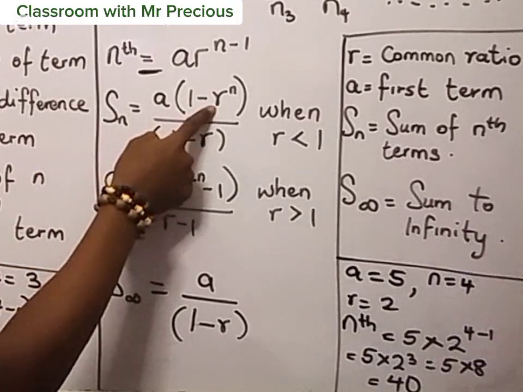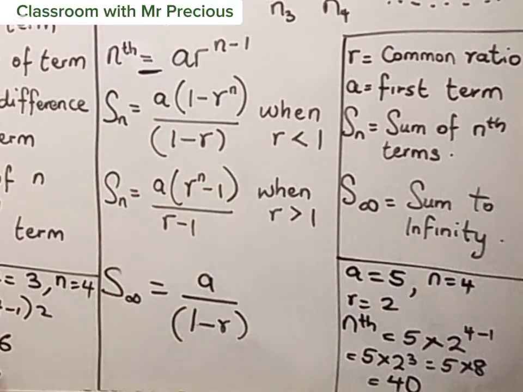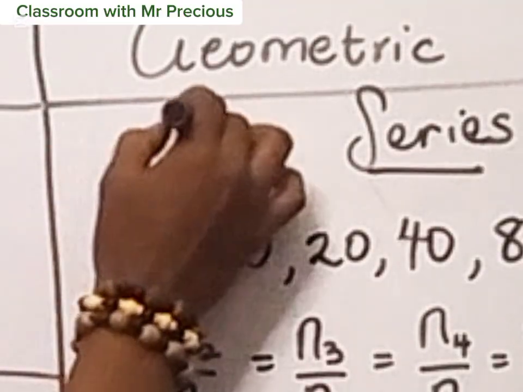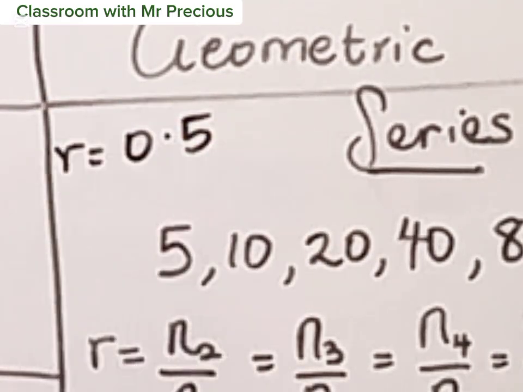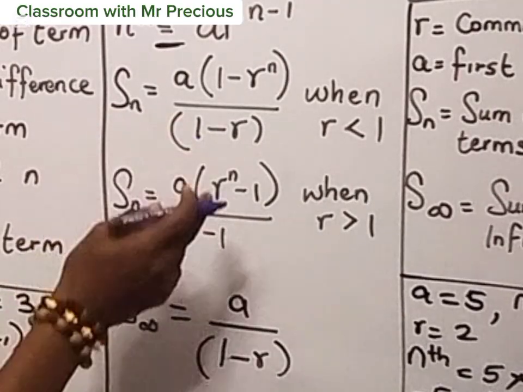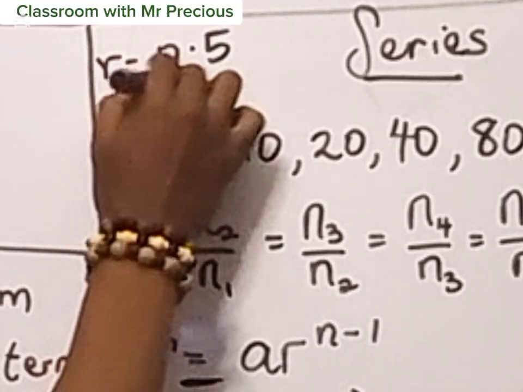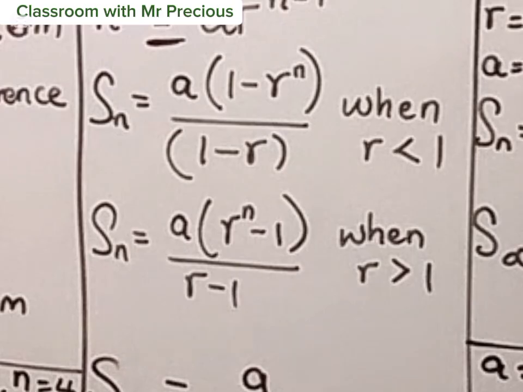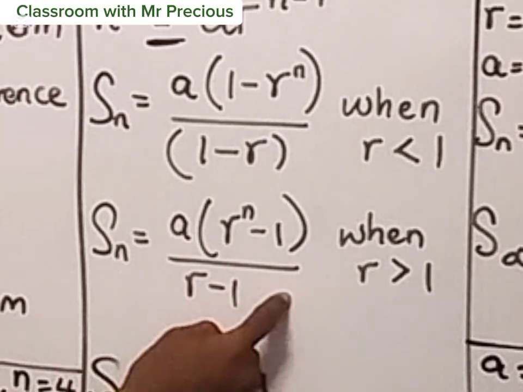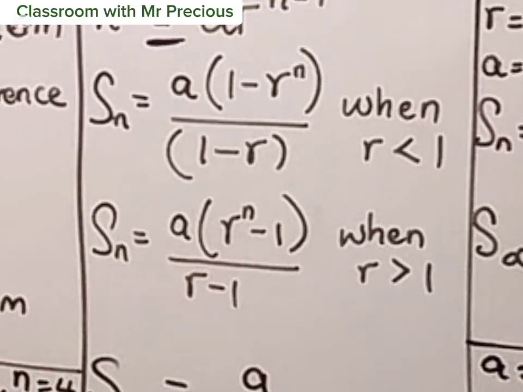If your common ratio is less than 1, maybe you have a common ratio of 0.5, you use this formula, don't use the other one. But if your common ratio is more than 1, maybe your common ratio is 3, you can see that 3 is more than 1, then you use this one. If it is less than 1, you use this one. If it is more than 1, you use this one.